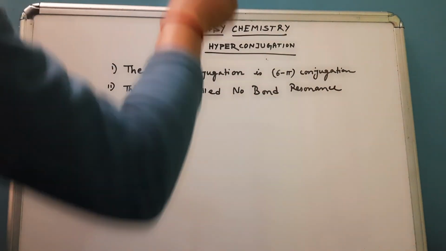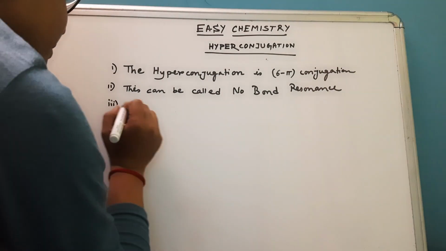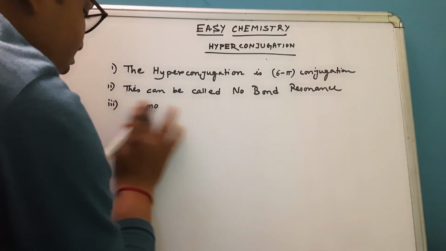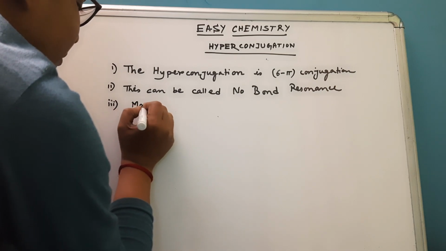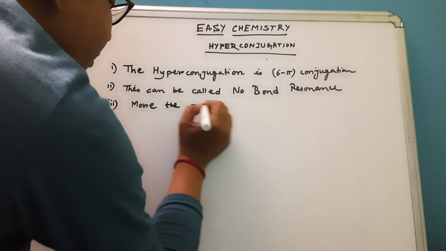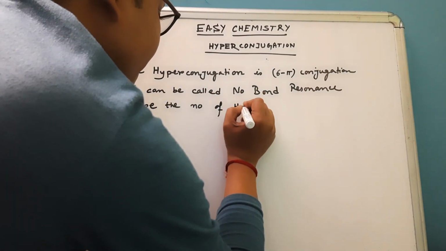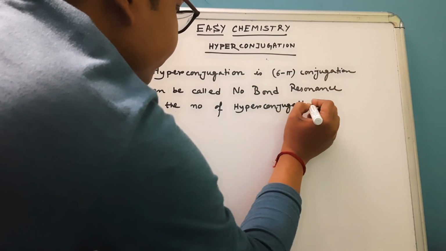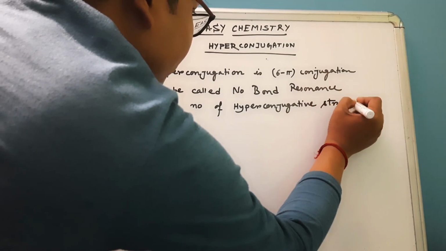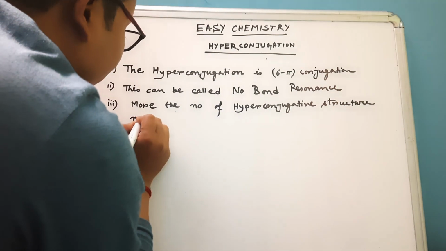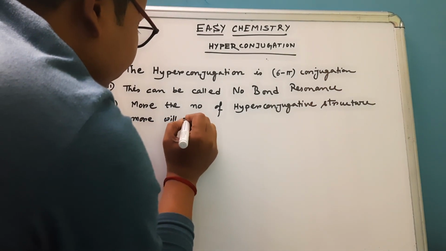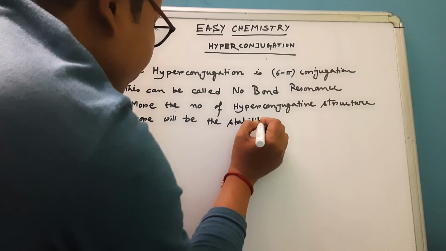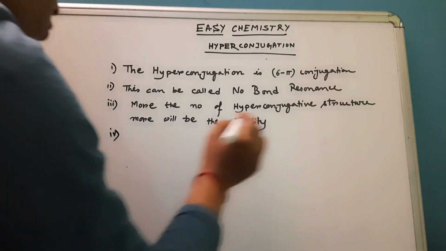I am summing up all the concepts. Number 3, the more the number of hyperconjugative structures, the more will be the stability.